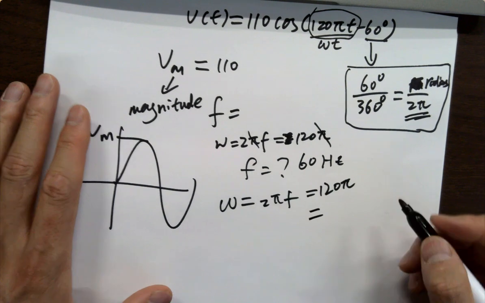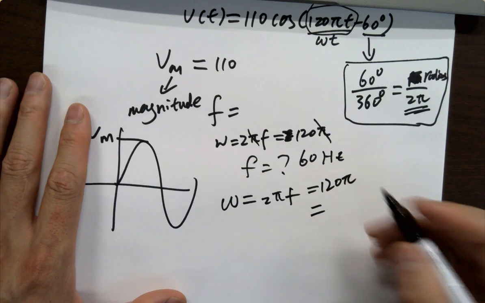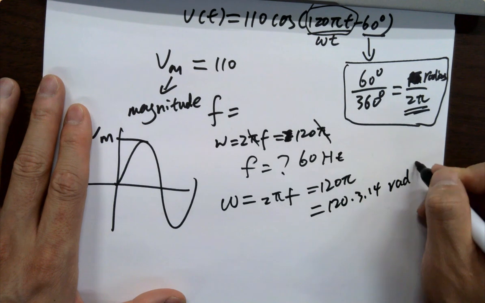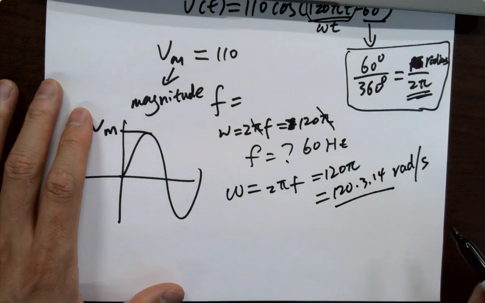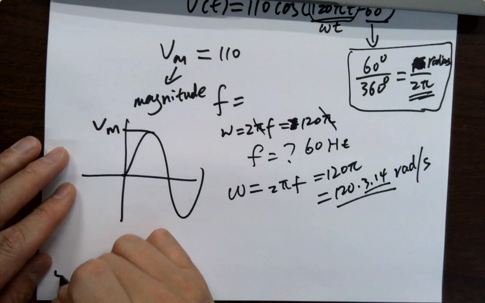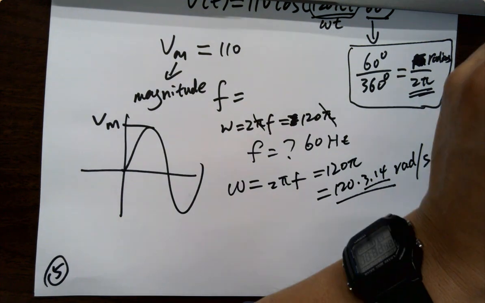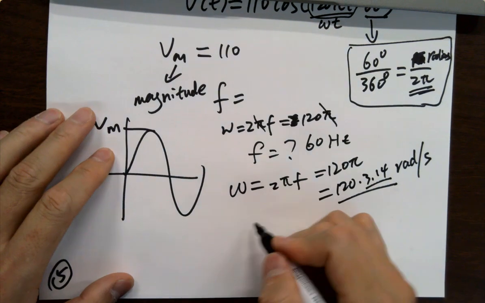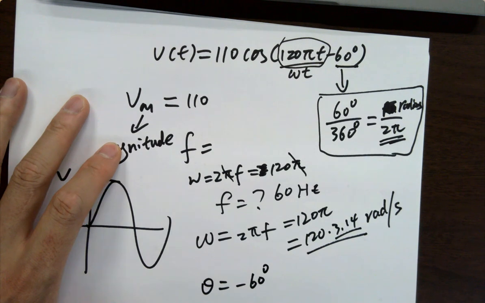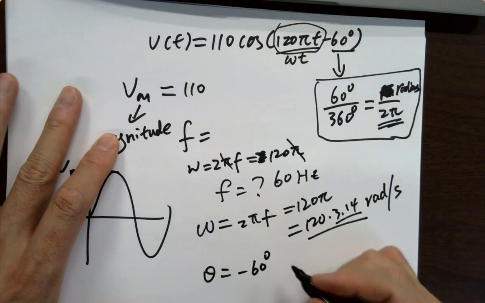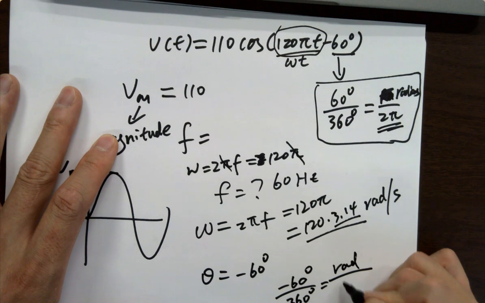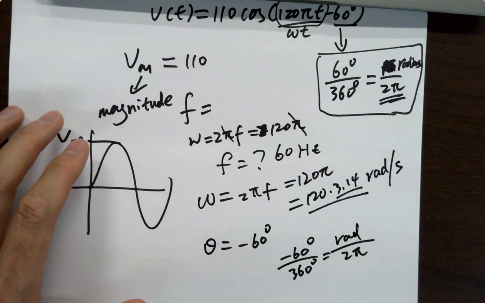And convert to radians. Just calculate it. Pi is 3.14. What is theta here? Minus 60 degrees in radians. Minus 60 degrees over 360. It's called calculated, right?